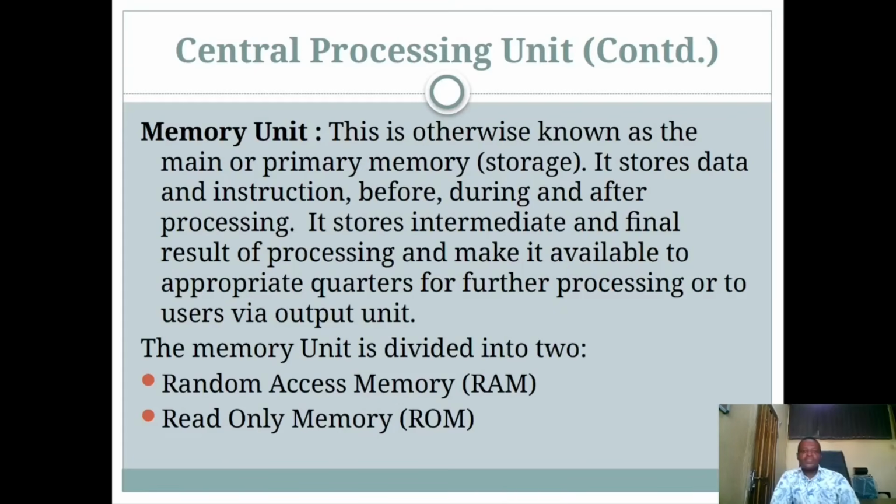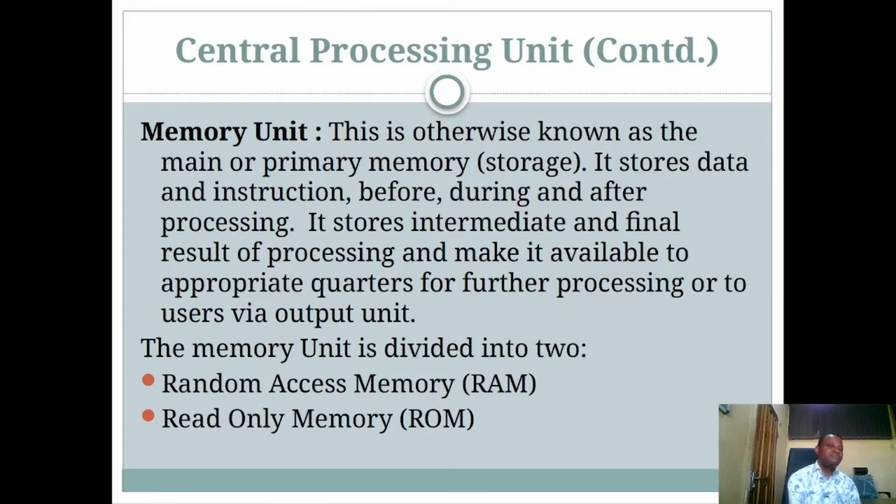Okay, that means the memory unit stores intermediate and final results of processing and makes it available to appropriate circuits for further processing or to users via the output unit. Okay, via is through the output unit. Some people may be confused about the meaning of via, so please don't be confused.